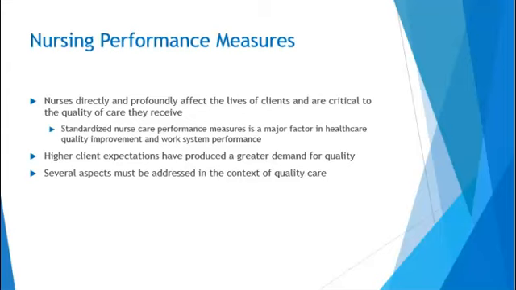So several aspects have to be addressed in the context of quality care. So we have to look at the client acuity. So how sick are they? The length of their stay, a shortage of qualified nurses, changing technology, expansion of public health services, and expansion of community health services.